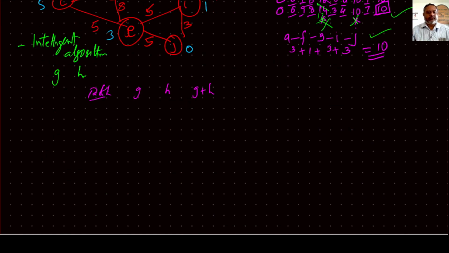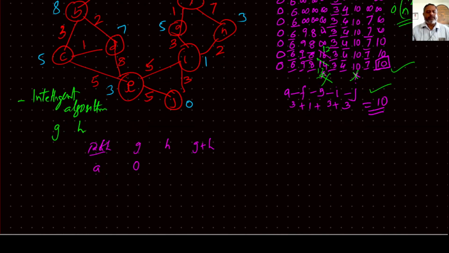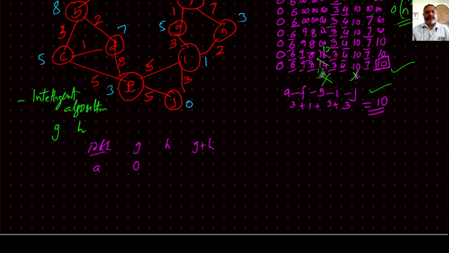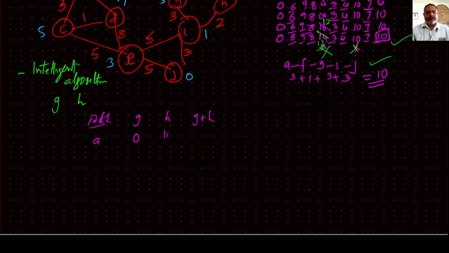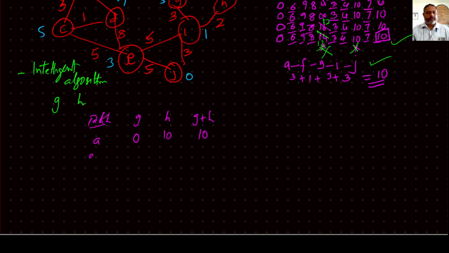So we begin with A. A is the initial node, so the distance from A to itself is 0, and the approximated distance to the destination is found to be 10. Then you can go from A to B and A to F.